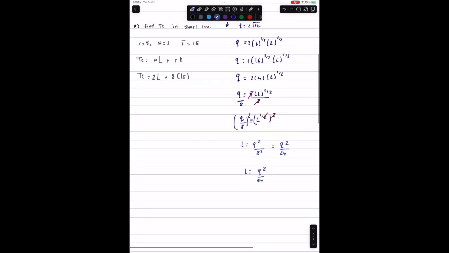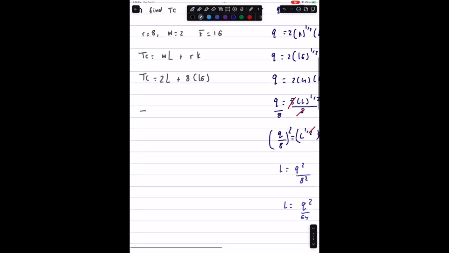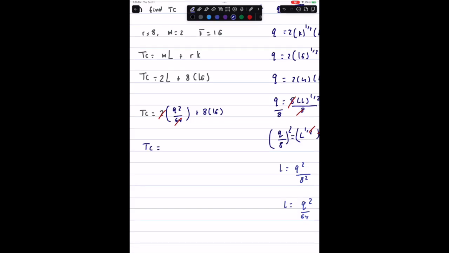So therefore, we can write our total cost is equal to 2 times Q squared over 64 plus 8 times 16. We know the 2 will cancel out here and make this denominator 32. So total cost is equal to Q squared over 32 plus 8 times 16, which is, let me get my calculator, 128.